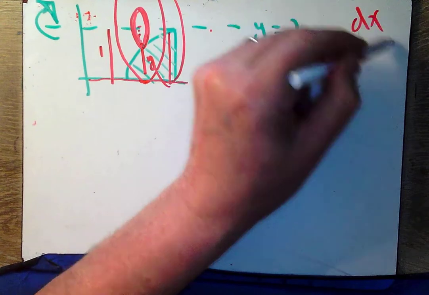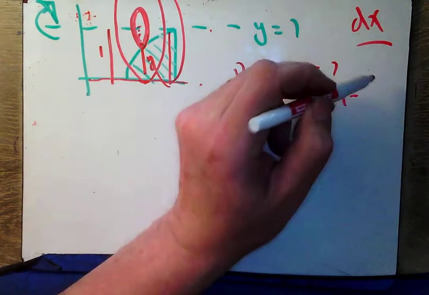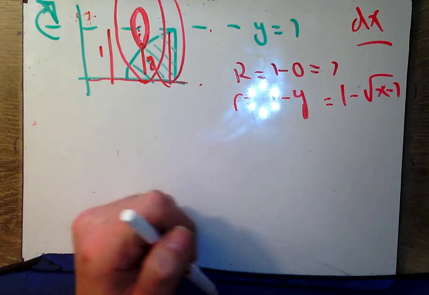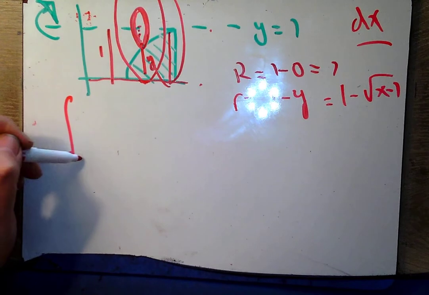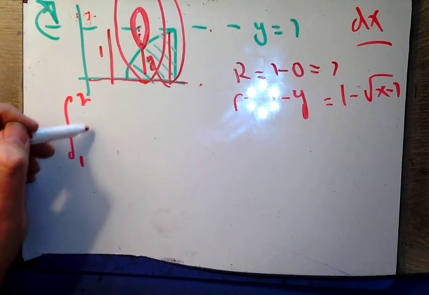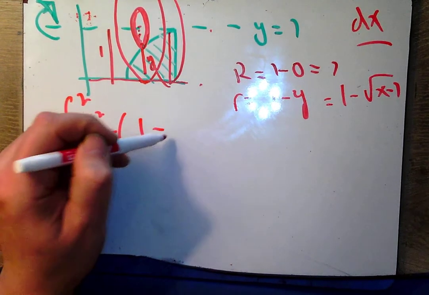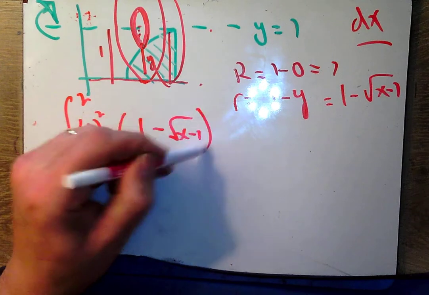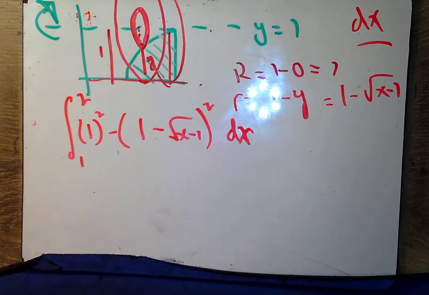Since this is a dx integral, I need to get rid of that y and replace it with some x stuff. So my integral, I'm going to be integrating from 1 to 2, and I'm going to have big R squared minus little r squared dx. And then don't forget that pi.